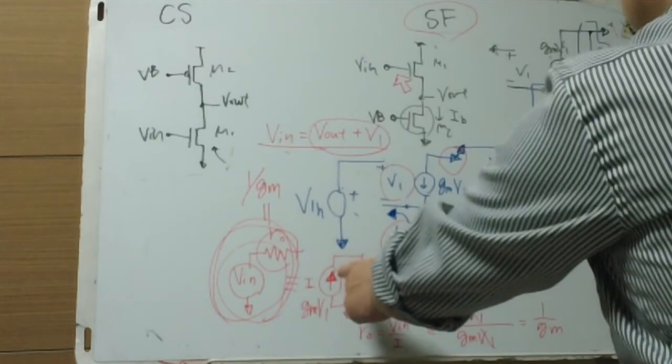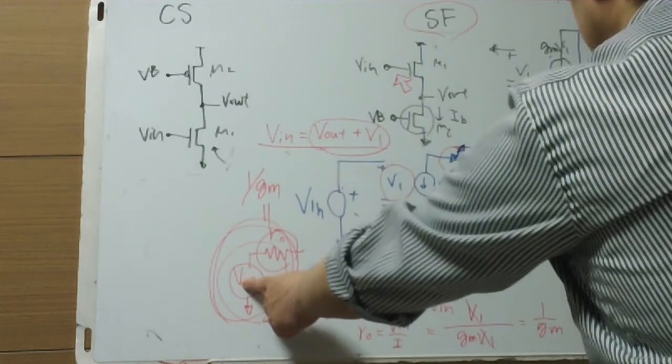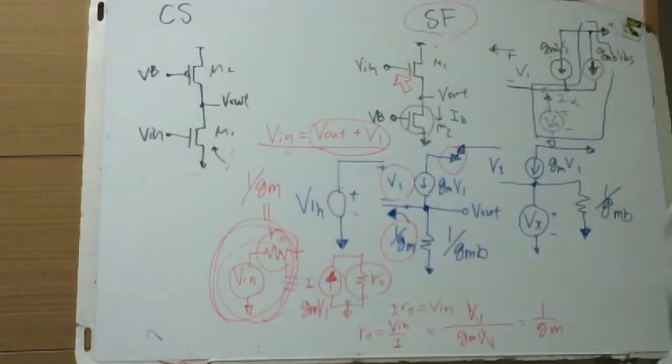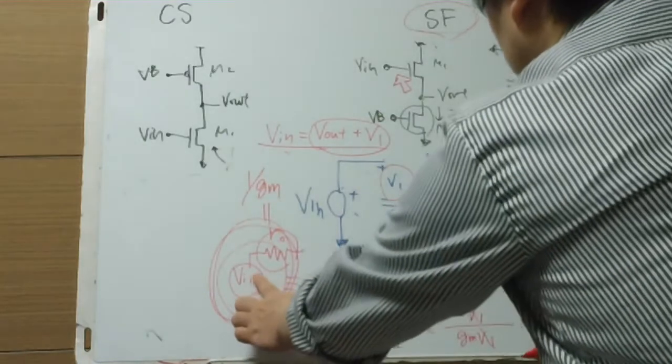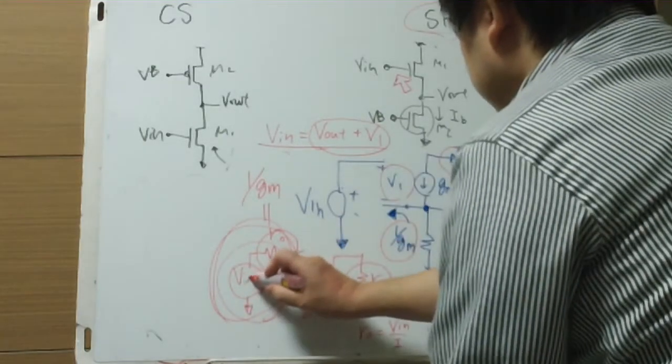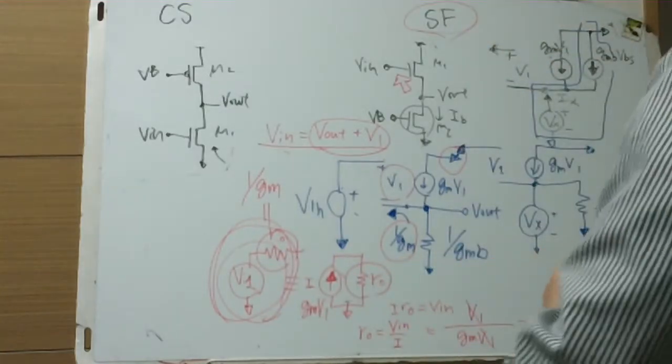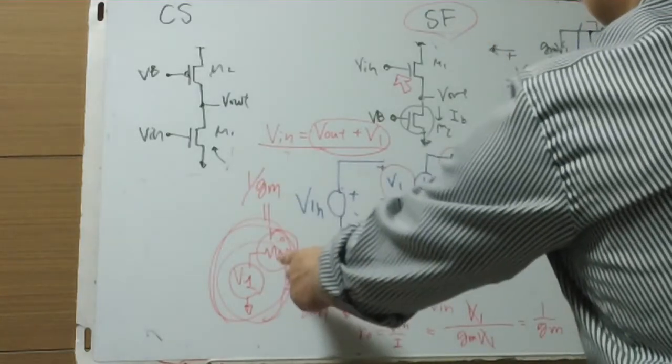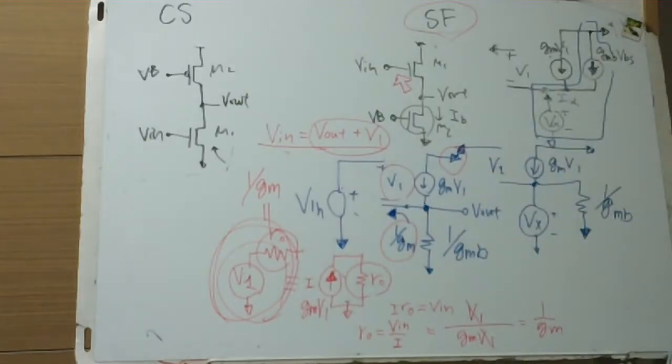Multiply this V1, we get V1. This V1 and R0 of 1 over Gm is the equivalent.